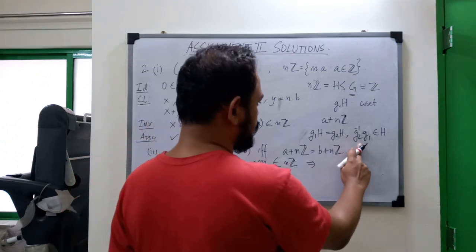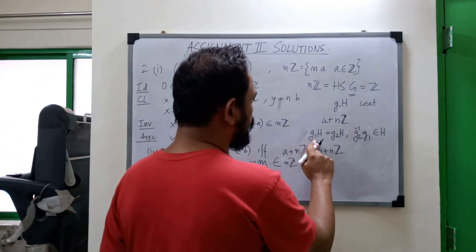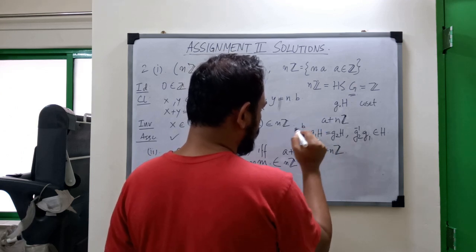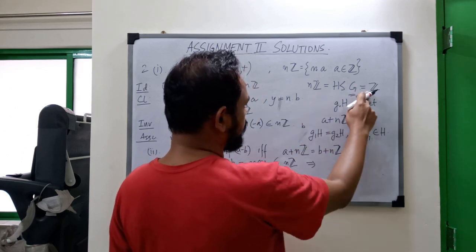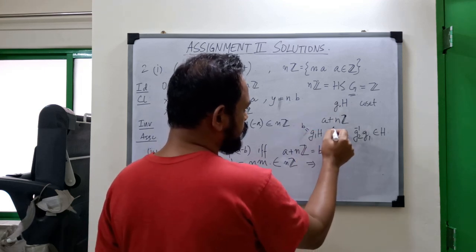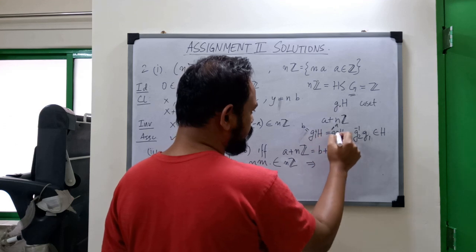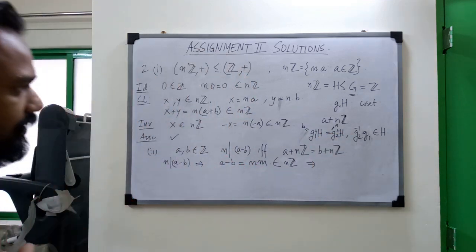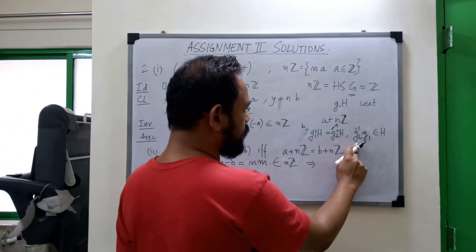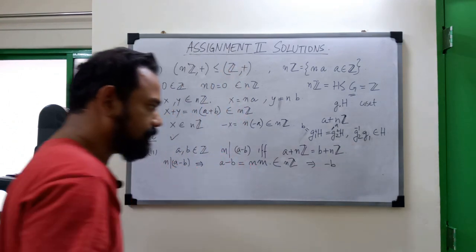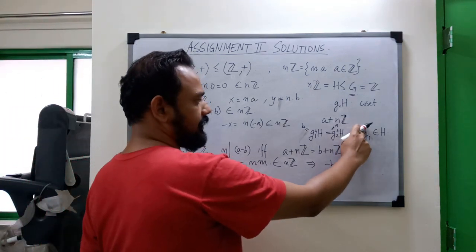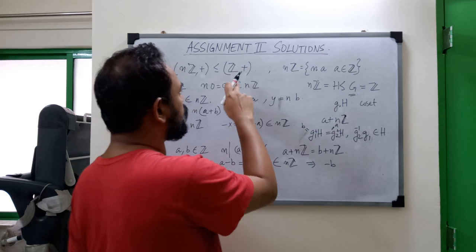The question is, what is g2? So let's say g1 is B. We're talking in terms of this now. H is of course nZ. Say g1 is B and g2 is A, and of course there is a plus over here. In that case, what's g2 inverse? It's minus A, right? Because the inverse is with respect to the operation.